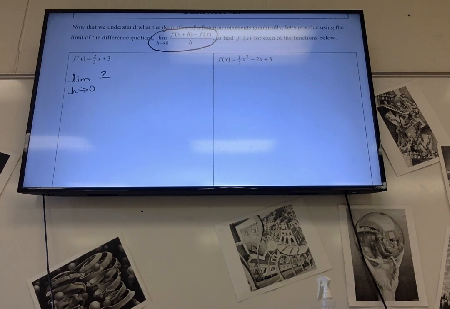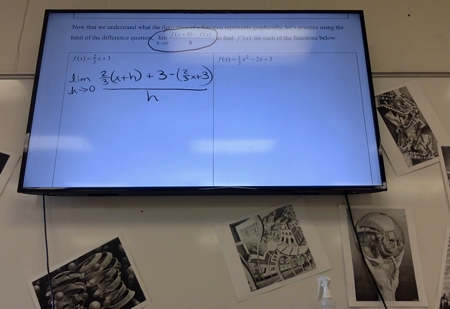So it's 2/3 times x plus h, plus 3, minus 2/3 x plus 3, all over h. We're going to get good at this. We use the same formula each time. It's always the same formula for the slope. The derivative, which is the slope of the tangent line. Yes, they are interchangeable.